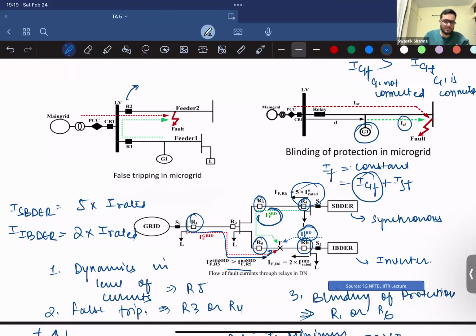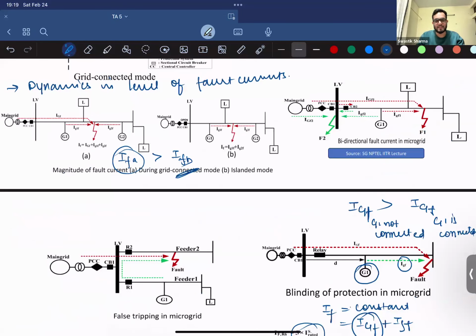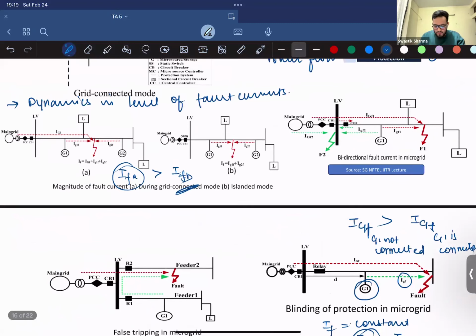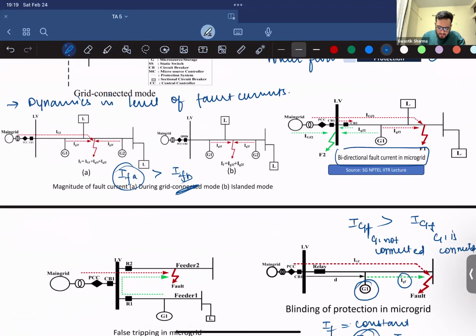I am talking about what if you use a bidirectional relay, what if you use a unidirectional relay, right? R2 can be a bidirectional or a unidirectional relay, and R1 can also be either. I already told in my previous slide why a bidirectional relay is important, because there is a bidirectional fault current, and if the relay is not able to sense it, it won't be able to trip appropriately.